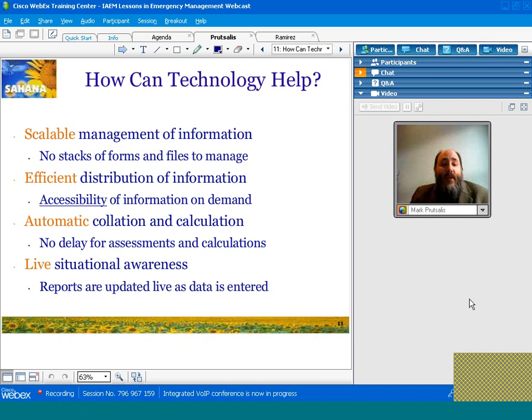Technology provides solutions that are scalable to handle the problems of disasters, that are efficient means of distributing information to those who need it, and provide a way of aggregating information and data from multiple sources automatically to provide live updates and situational awareness to the people who are making decisions. So that's the basic background of our perspective on technology.